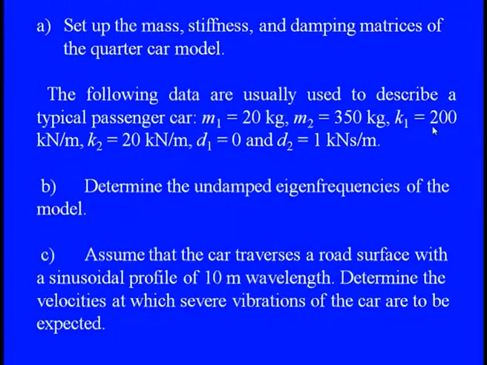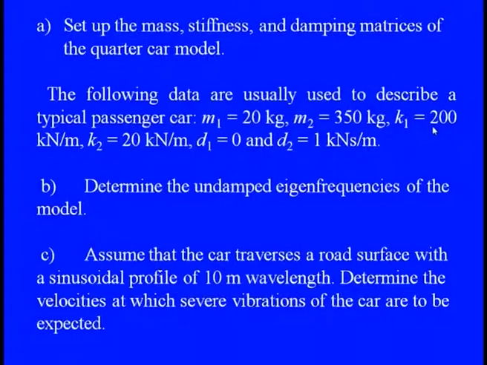K1, the stiffness associated with the tire, is 200 kilonewton per meter, and K2, which is associated with the body to car suspension, is much less, 20 kilonewton per meter. D1 is not there because the damping is not acting along with the tire. So, we are assuming that only restoring forces are there when excited from ground to tire itself, and then D2 is given as 1 kilonewton second per meter.